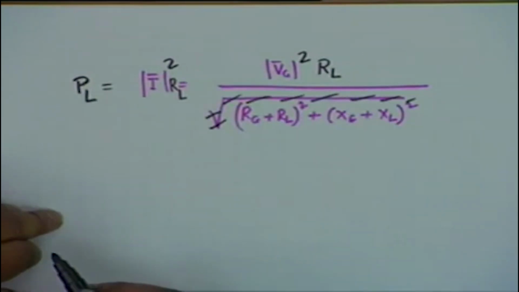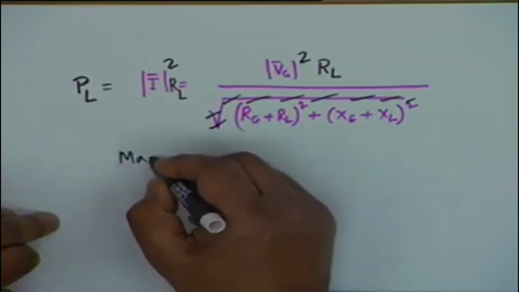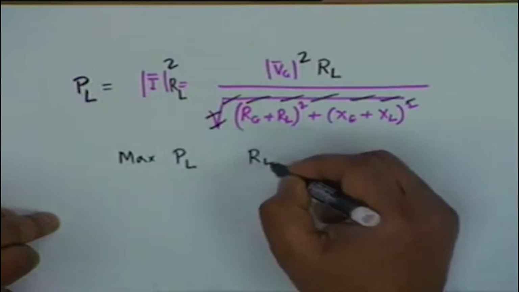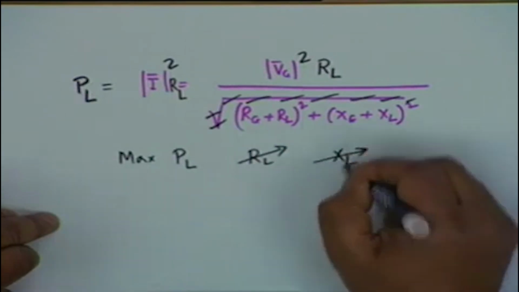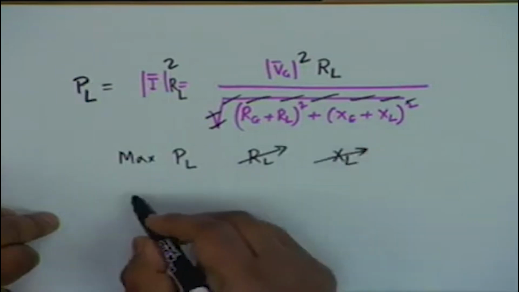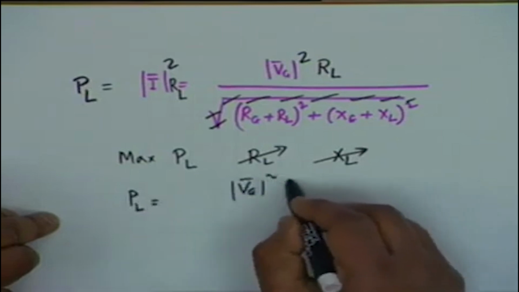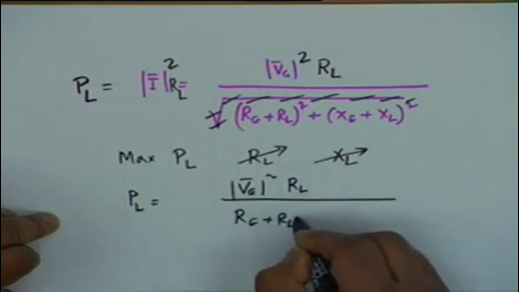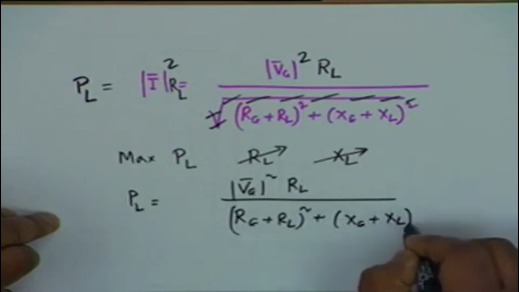We wish to maximize this power. The problem now is to maximize PL by varying the load, that is, RL and XL. Let me write it down clearly: PL equals Vg squared times RL divided by (Rg plus RL) whole squared plus (Xg plus XL) whole squared.